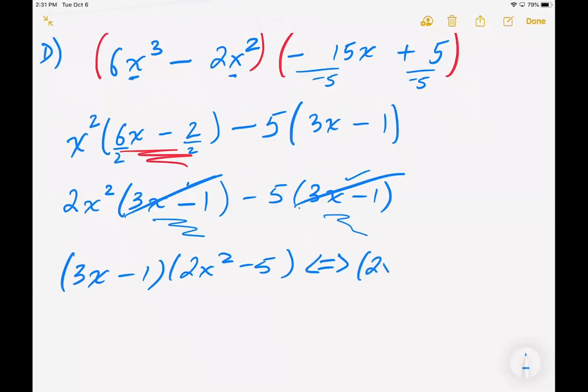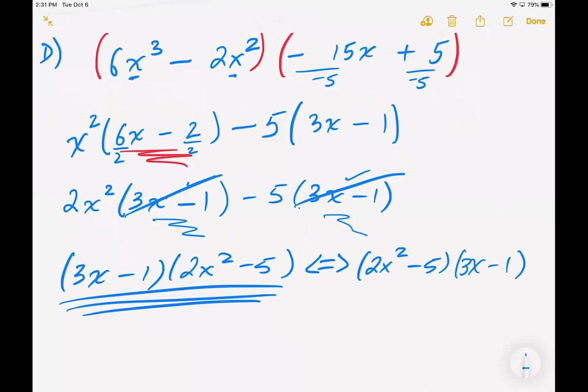If you have 2x squared minus 5 and then 3x minus 1, like I say, the parenthesis does not change. If you write whichever parenthesis first or whichever parenthesis second, it is the same, okay? So looking at this thing here, how to analyze it, or if you're stuck, what to do, right?